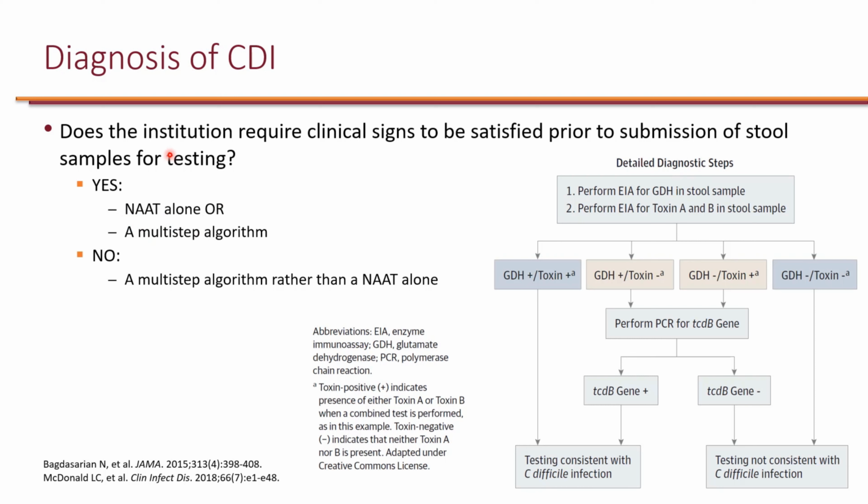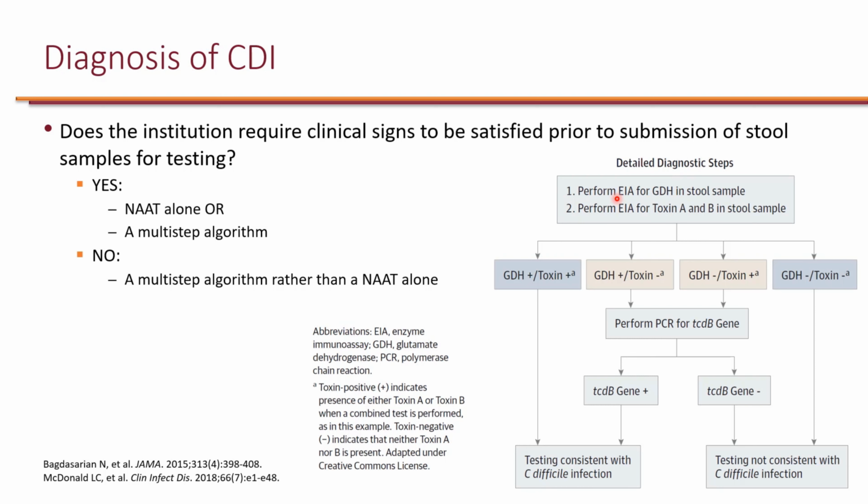Now, in institutions where there is no agreement between the lab and clinicians to only test the sample from those with clinical signs, then a nucleic acid amplification test alone is not recommended. A multi-step algorithm is recommended. And here's what the multi-step algorithm looks like.